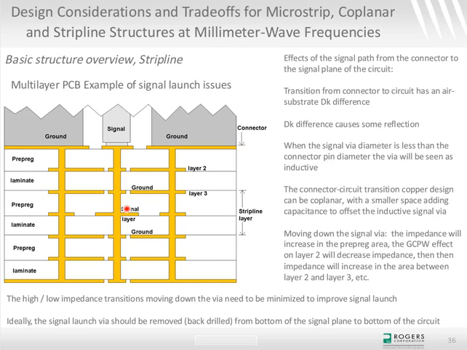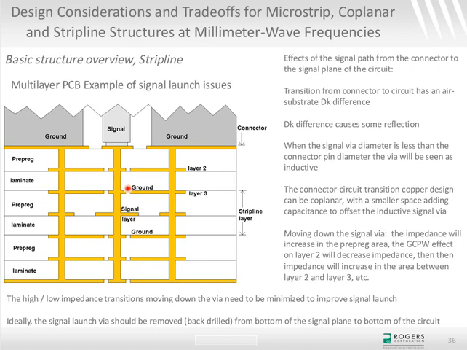So you get this impedance transitioning low, high, low, high, low, high, and that can cause some problems at millimeter wave. But sometimes it's purposely done, because the via itself could be inductive if it's a smaller diameter than the pin of the connector. And if you put in these different coplanar areas, that adds to the capacitance and tries to offset the inductance. And sometimes that's a good thing.